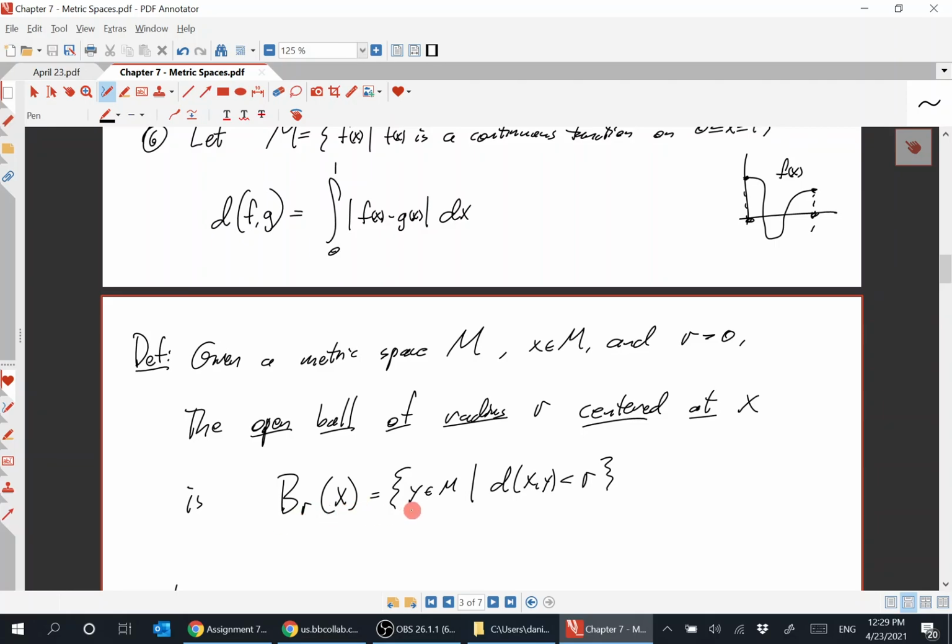It's the set of all Y such that the distance from X to Y is strictly less than R, by the way. Not less than or equal to, strictly less than R. If you said less than or equal to, that's something called the closed ball, but we're not going to bother with that. Just the open ball is the important issue here.